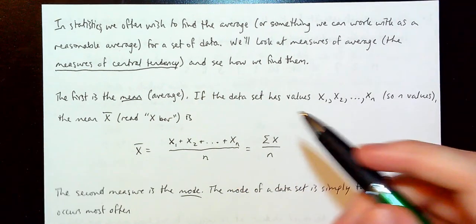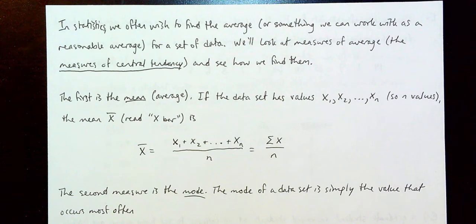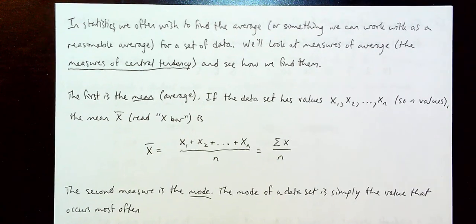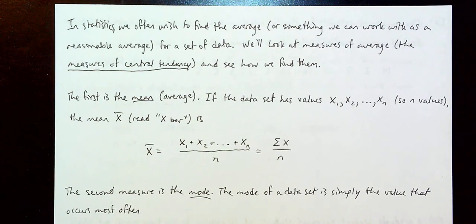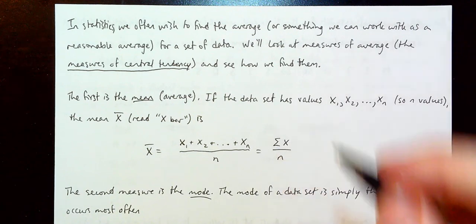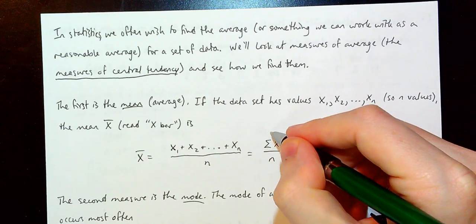So the mean x bar is simply the sum of each of your values divided by the total number of values there. We have a special mathematical symbol that we use to stand for the sum. Maybe some of you have seen it, maybe you haven't. But this funky looking capital E is called sigma.